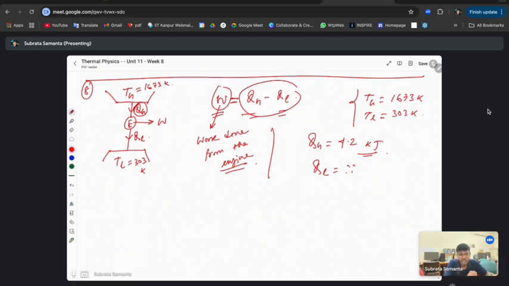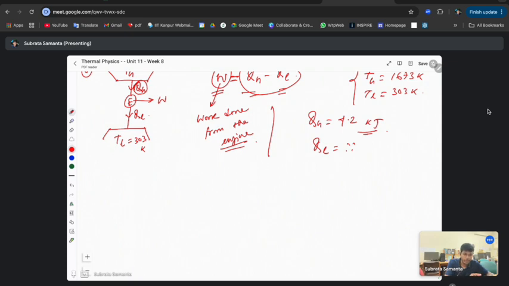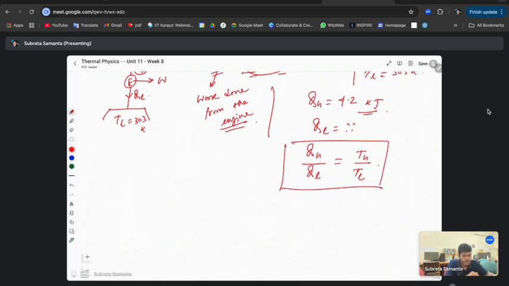Now this is the Carnot cycle, a reversible cycle, with two isotherms and two adiabatics. Using these properties, it is easy to prove that QH over QL becomes TH over TL. So QL equals TL over TH times QH.